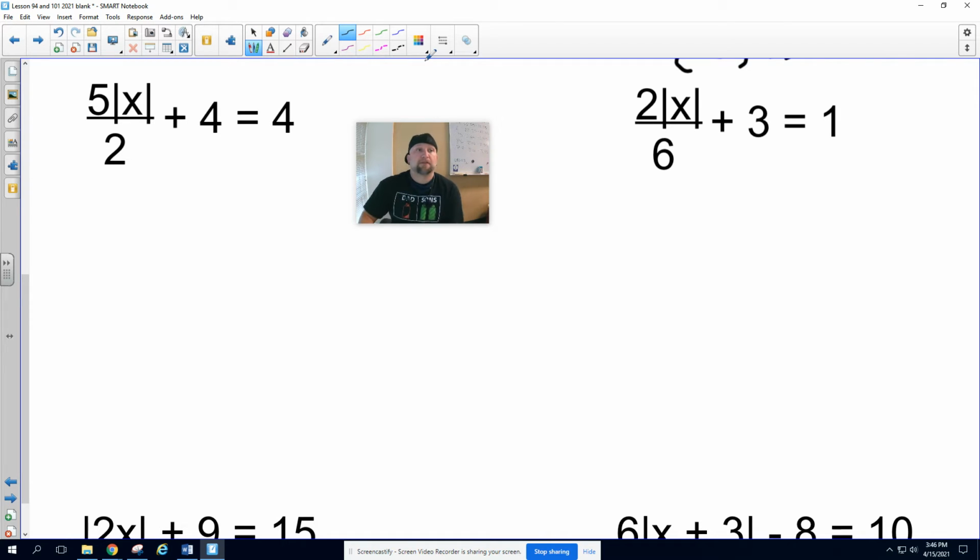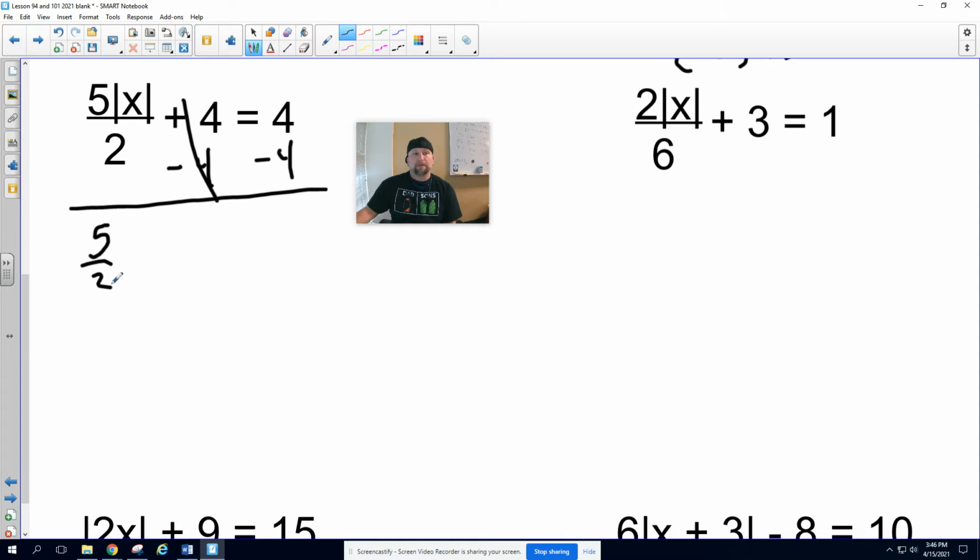So another example, we have 5 times the absolute value of x divided by 2, plus 4, equals 4. So we subtract 4 from both sides. The 4's cancel out, and we have 5 divided by 2 times the absolute value of x equals 0.